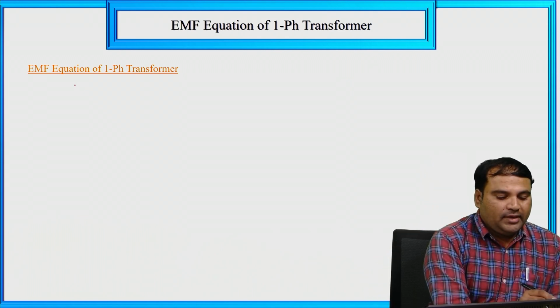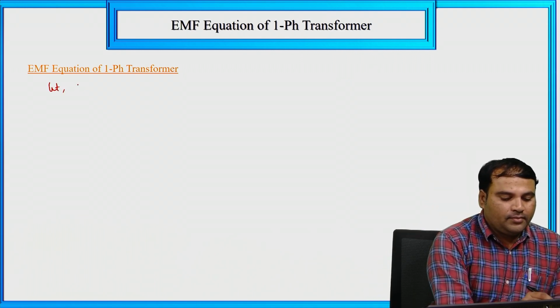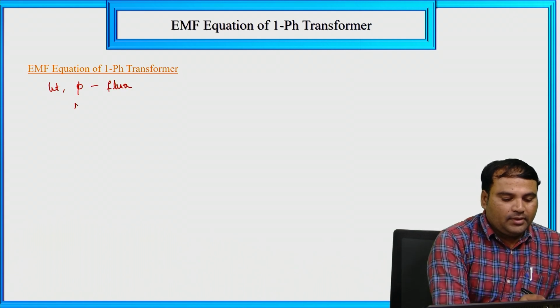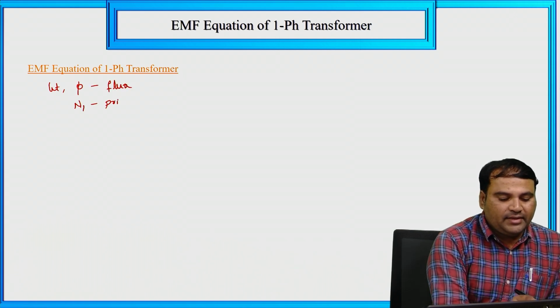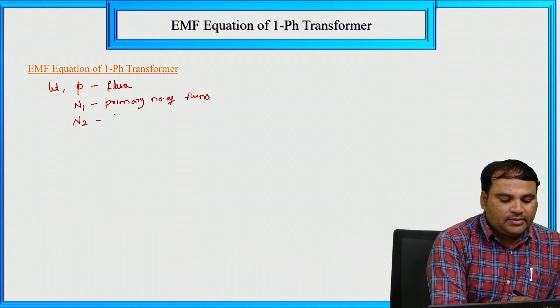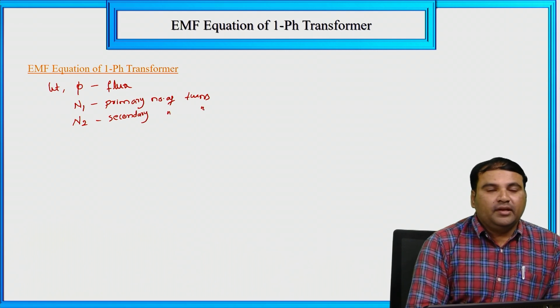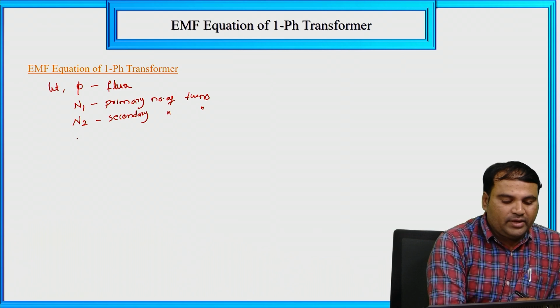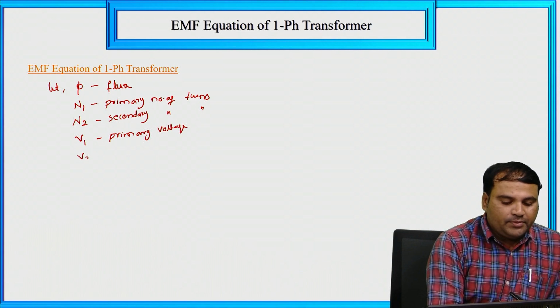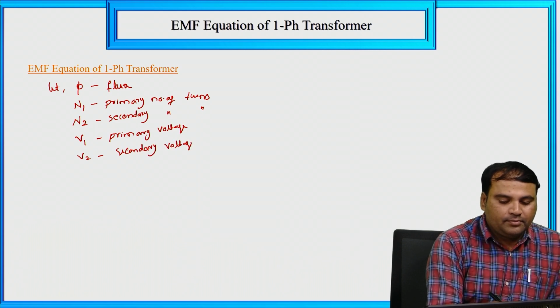Let us consider phi is flux, N1 is the primary number of turns, N2 is the secondary number of turns, and we have the primary and secondary voltages.